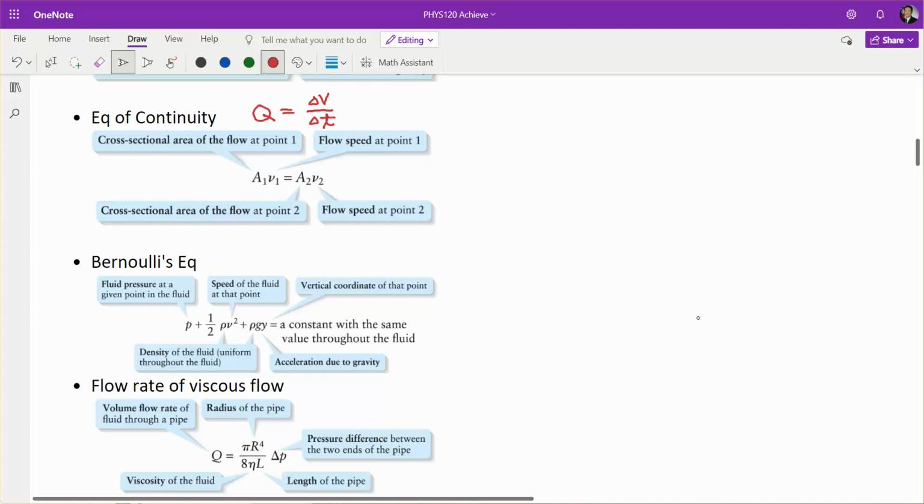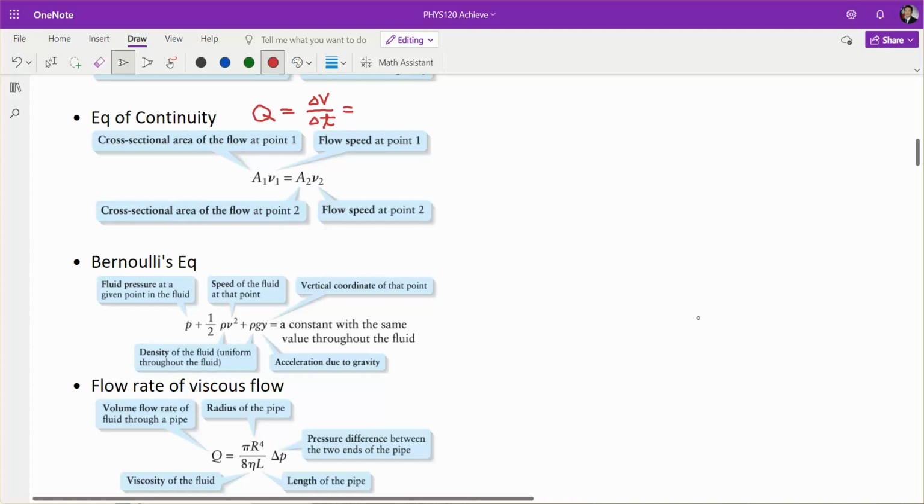Starting from the flow rate, we define an equation based on the conservation of matter. That means how much of the fluid goes in will be equal to how much of the fluid goes out. We get this equation based on the flow rate definition. The way that we define this is that you can make the change in volume be the area times the distance.